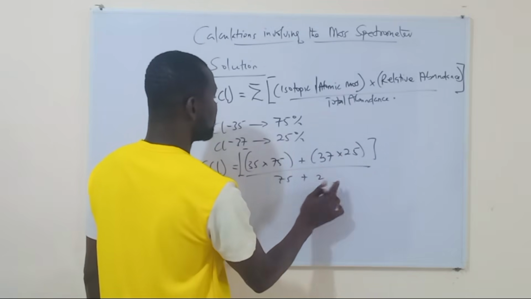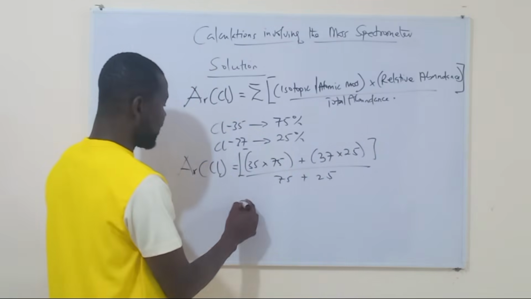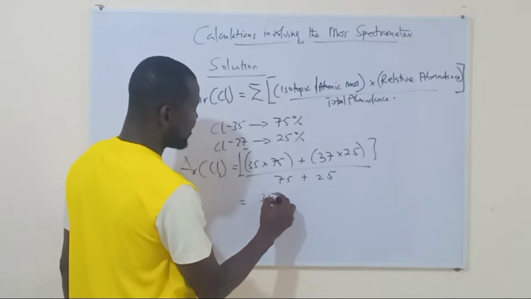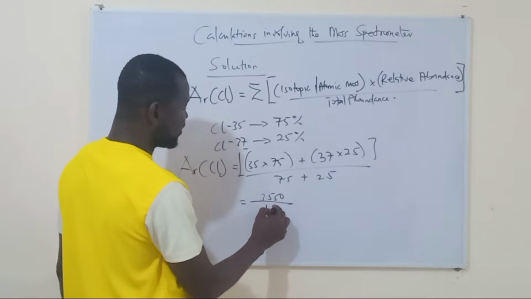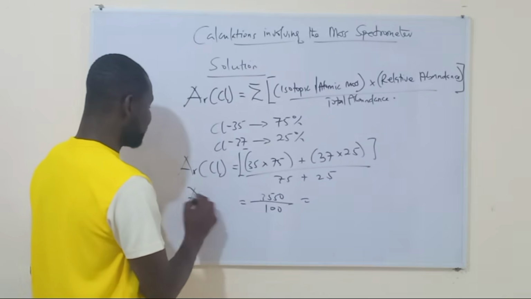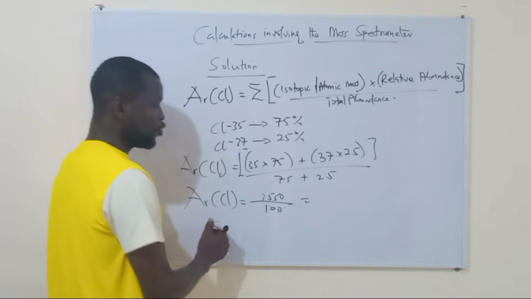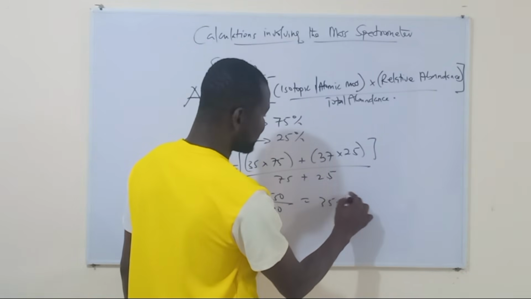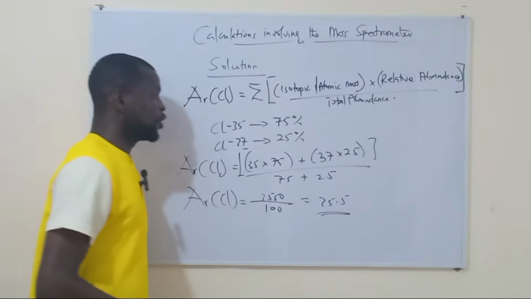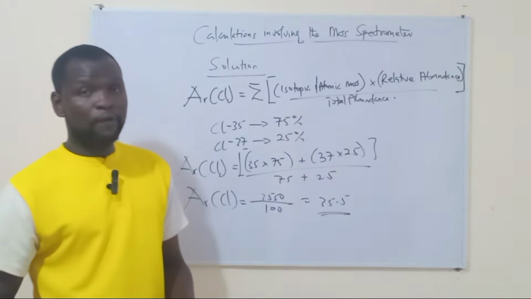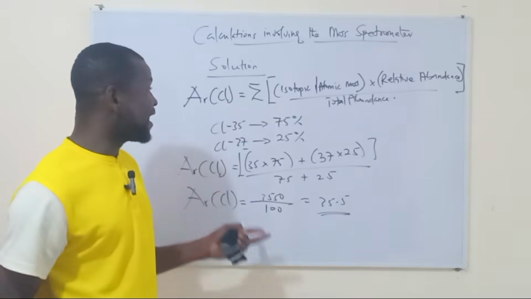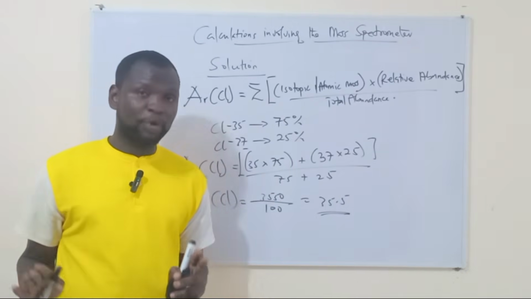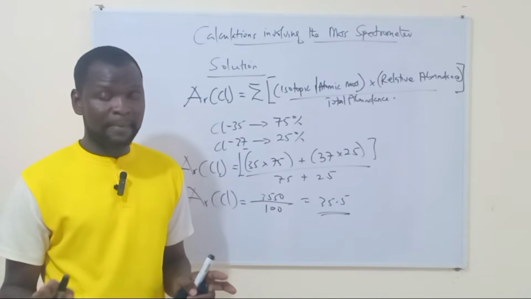I'm going to get 3550 divided by 100, which will give me a relative atomic mass of chlorine as 35.5. So this is how we calculate for isotopes that have only isotopic masses and not an atomic mass.